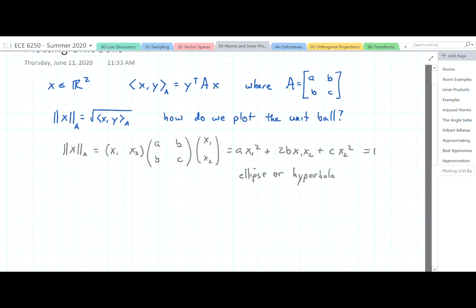If it's a hyperbola, it's not going to define a valid norm, and nor would it work as a valid inner product. The analysis shows that's why we have to have A being positive definite. If A is positive definite, then we get the ellipse.